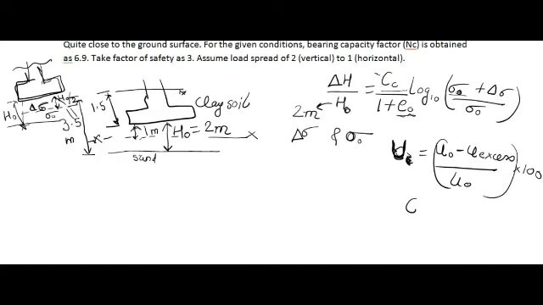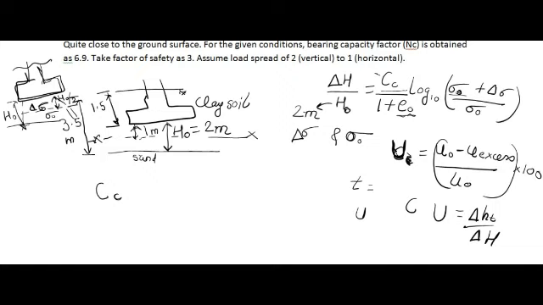Degree of consolidation can also be found by delta H at any given time by total settlement. But since there is no time or U given, how can we find Cc?